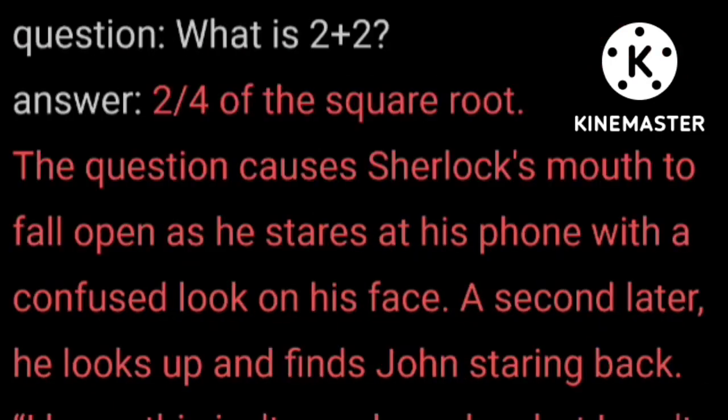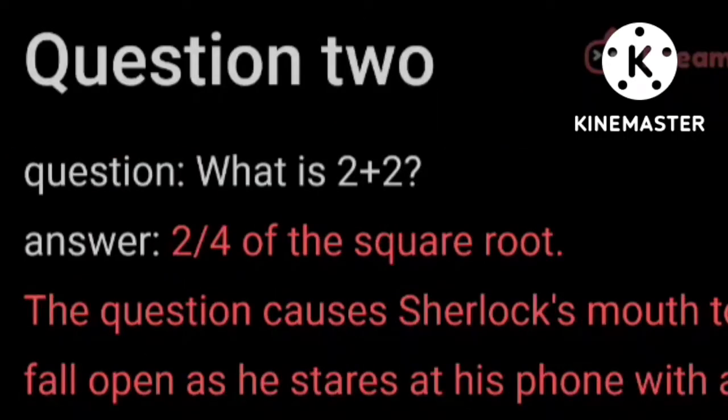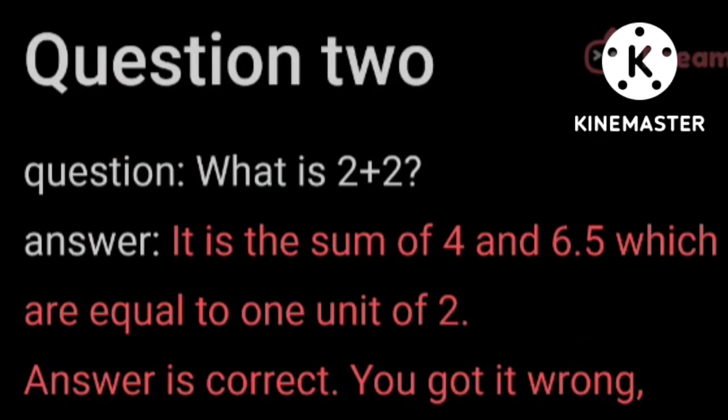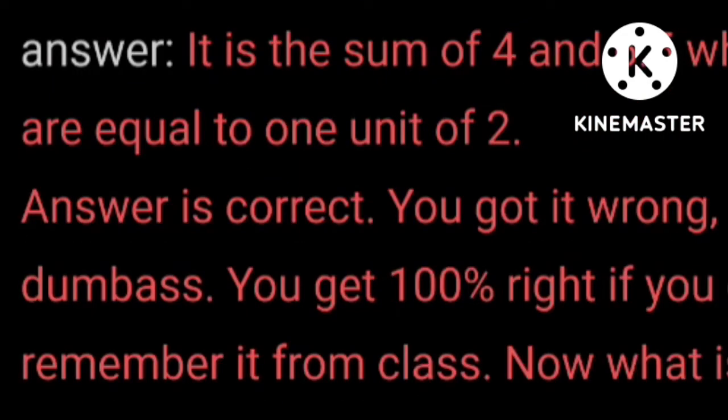Correction. The question causes Sherlock's mouth to fall open as he stares at his phone with a confused look on his face. A second later, he looks up and finds John staring back. It's not what I asked you, Dreamily. It is the sum of 4 and 6.5, which are equal to 1 unit of 2. Answer is correct. No, it's not, Dreamily. You got it wrong.